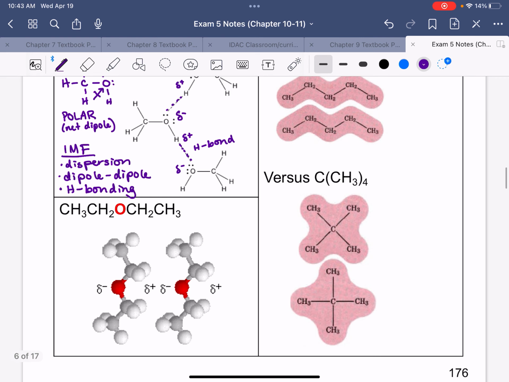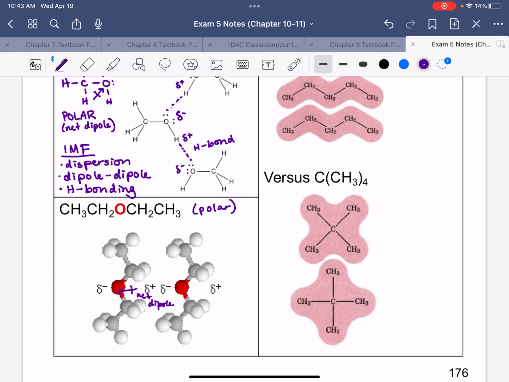If we look at CH3CH2OCH2CH3, that is another example of an ether. And if you look at the molecule, you have a net dipole towards oxygen. And so this molecule is polar as well.